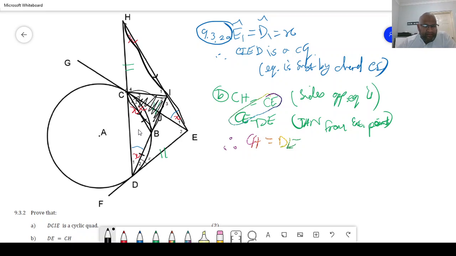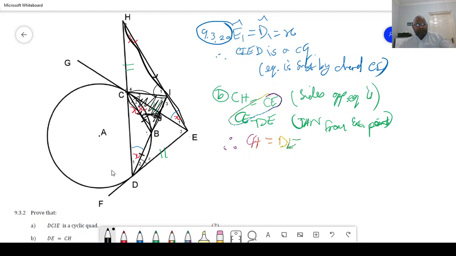In other words, if this was a tangent, then angle I would have been equal to this angle here, which is CBI. Why? Because the tan chord theorem would have been evident there. So for us to prove that it is a tangent, we now prove that CBI is equal to angle I1.